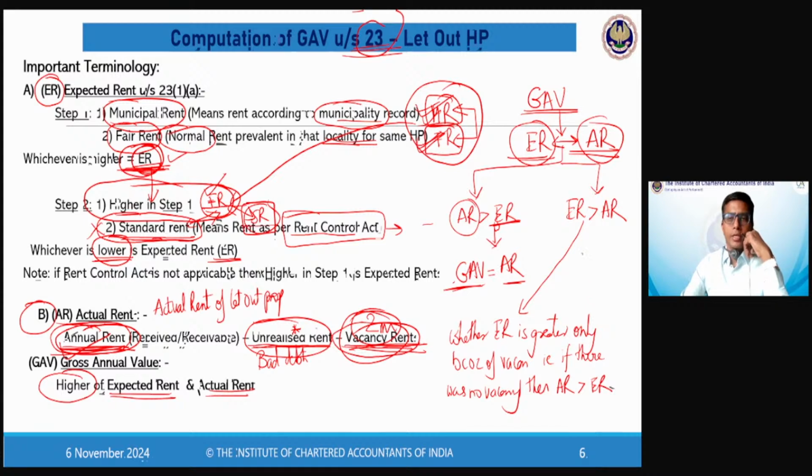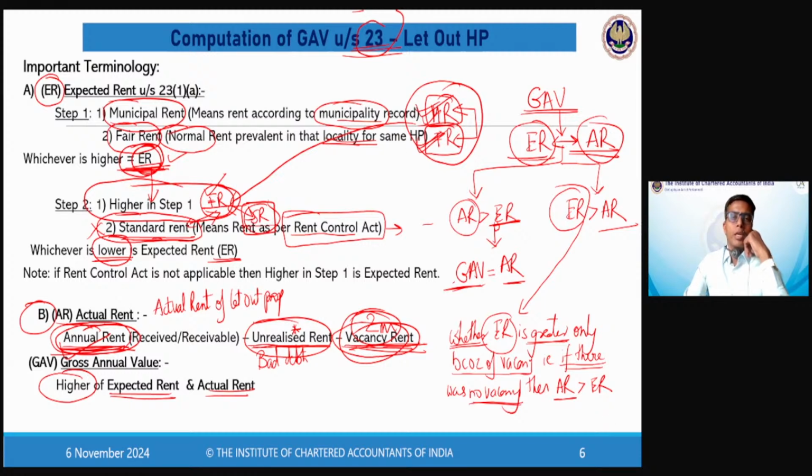Now this is interesting. So when ER is greater than AR, what does the law say? Law says, wait, I will not say GAV is ER directly. I will say first check whether this ER is looking greater only because of vacancy. Meaning, if there would have been no vacancy, let us say for whole 12 months I would have had a tenant, then AR only would be greater, not ER.